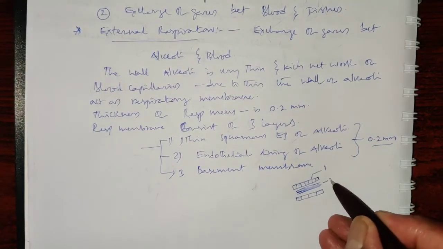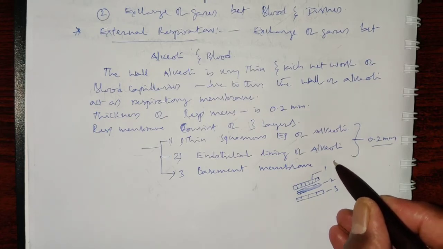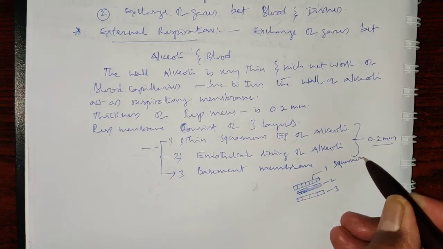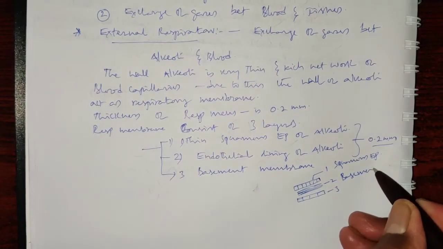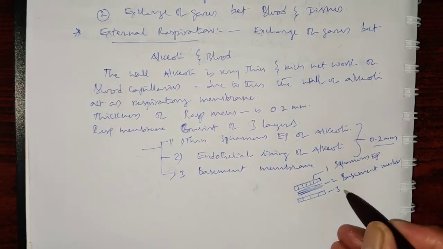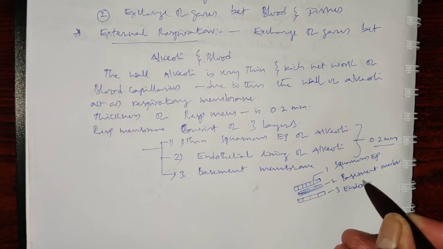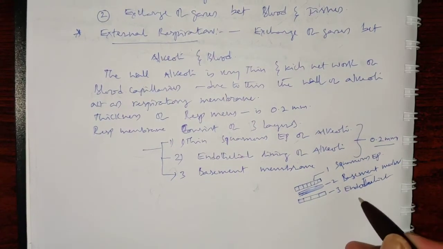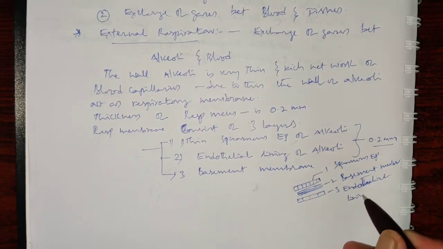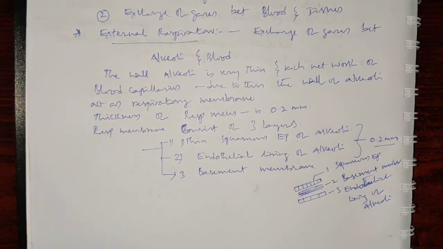Number 1, 2, 3: squamous epithelium, basement membrane, and endothelial lining of alveoli.